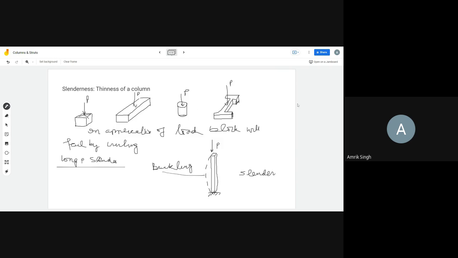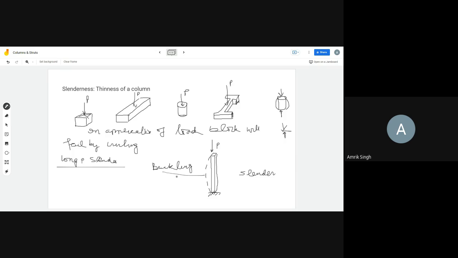ठीक है. So crushing means, suppose this is a material, and if you apply the load on both sides, it will take this shape. Okay. So normally it should reduce to the point. So that is crushing.